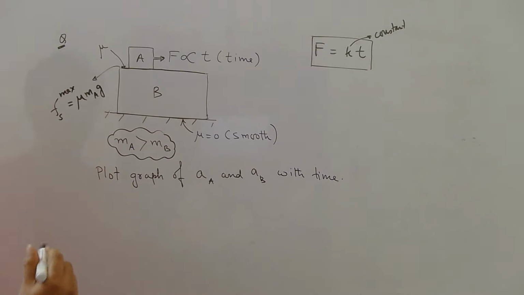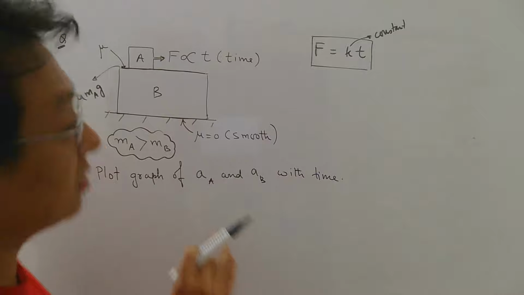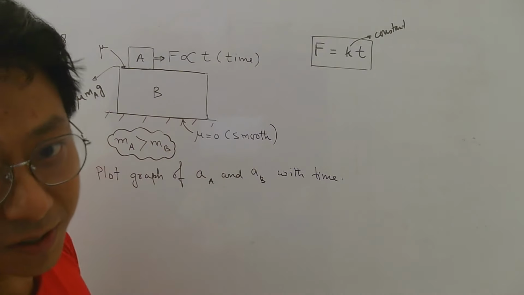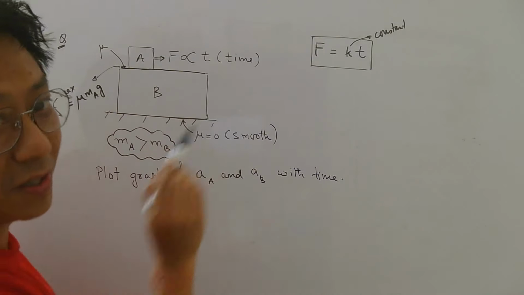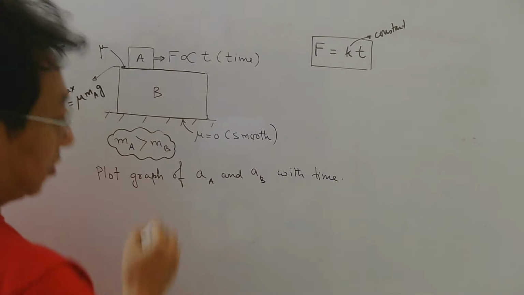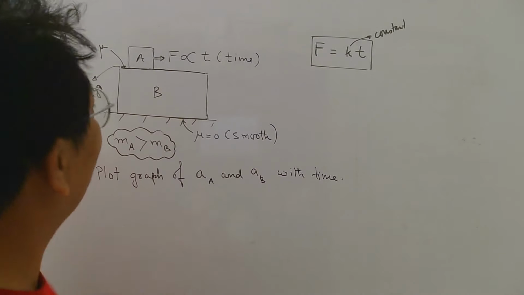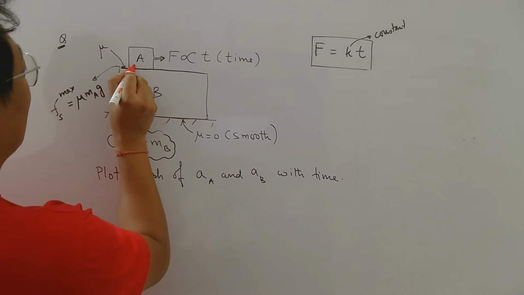So first what we will do, we will assume they move together, because there is no chance that both the blocks will be at rest, because here 100% slipping will start. Because once you apply force here, there will be friction, and friction on block A will be this side.